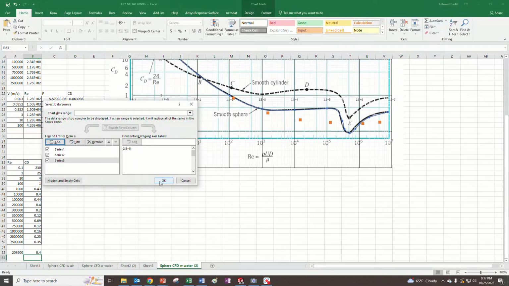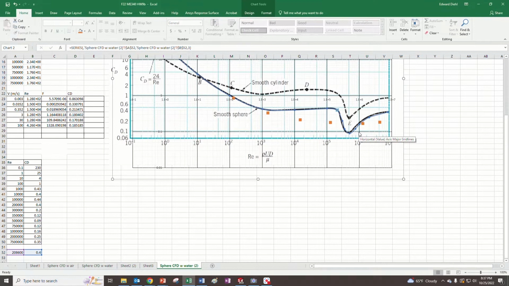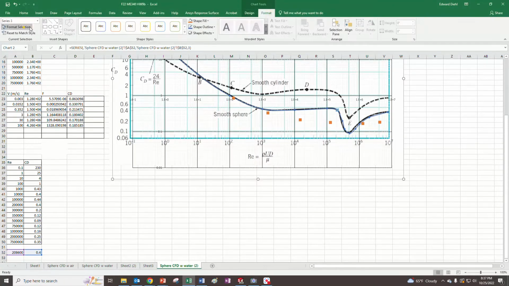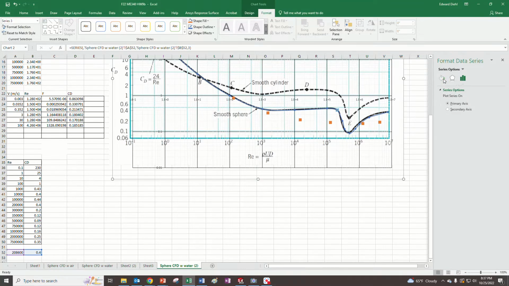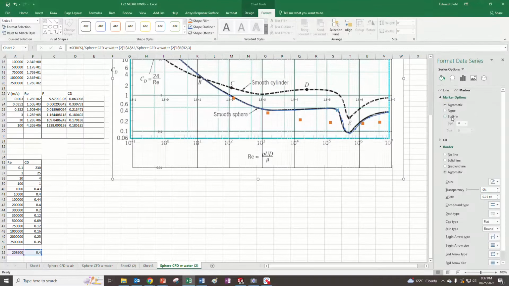Okay, there it is right there. That's the spot I just added. I can format it and make it bigger so that you can see that that's actually the spot. That is that spot right in there.